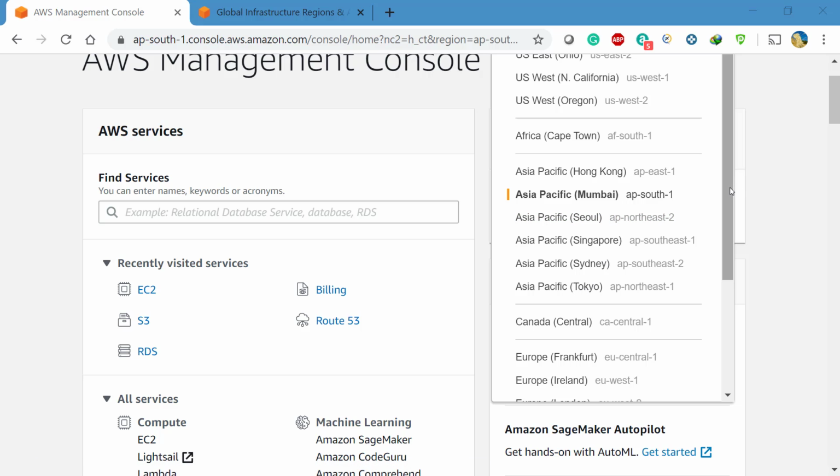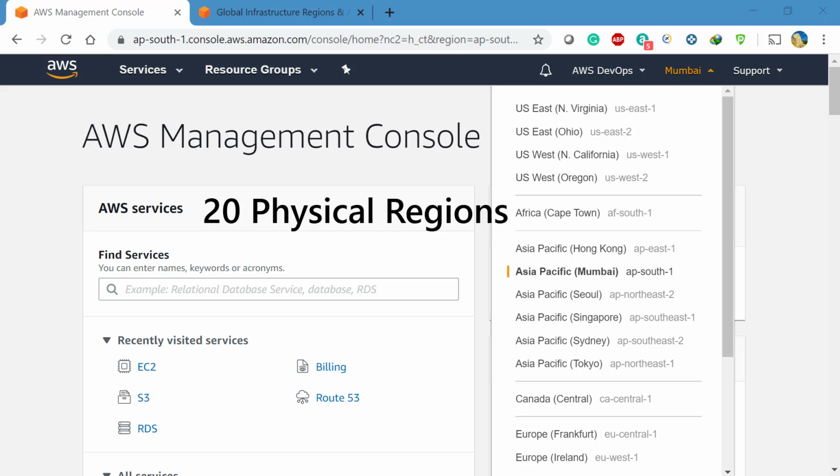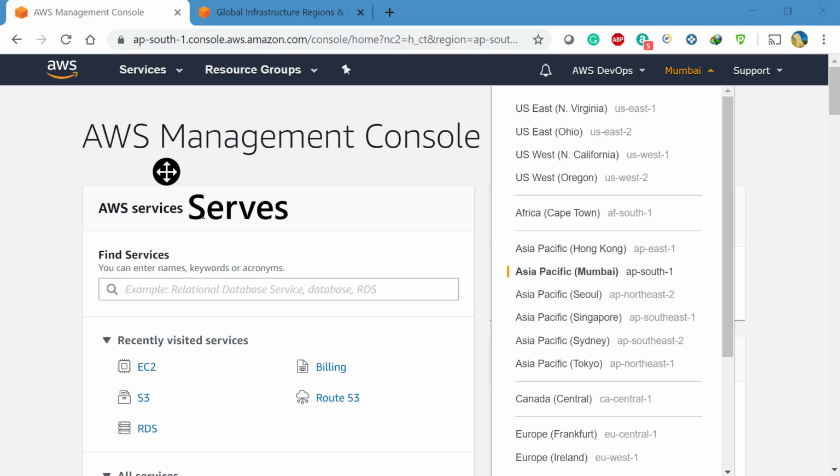Now, the first and main question you may have in mind is, where do I need to keep my stuff? This is a very specific question that everyone asks. Whenever you need to keep your data, make sure you choose the region which serves your customers best.